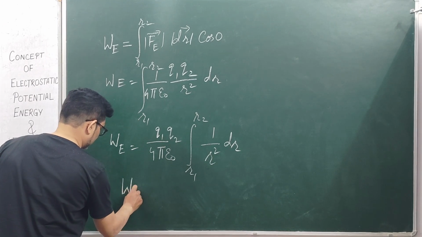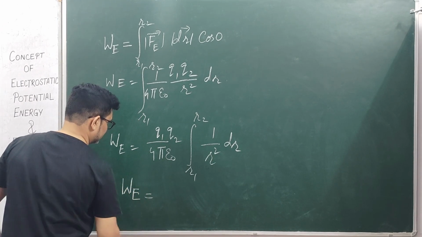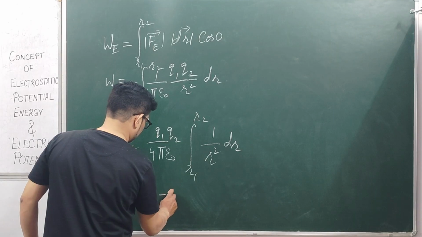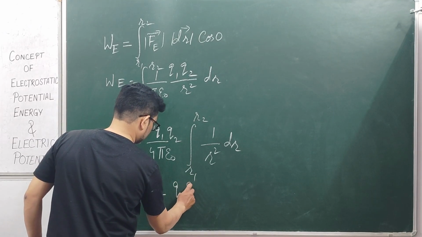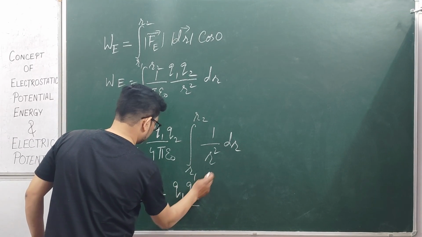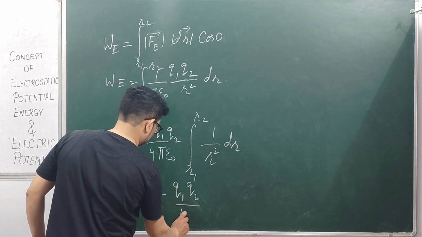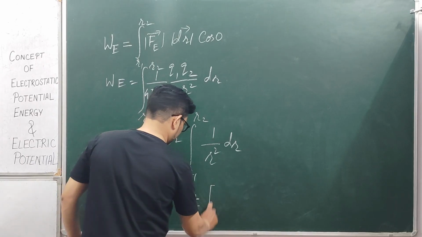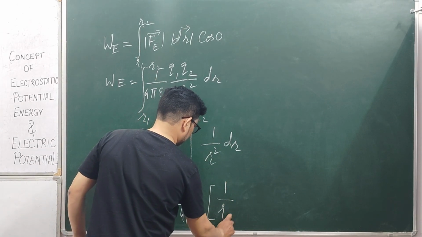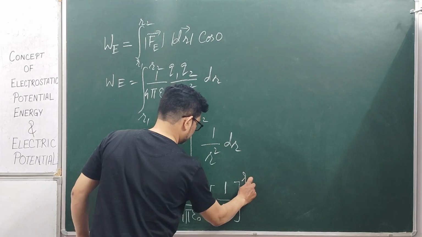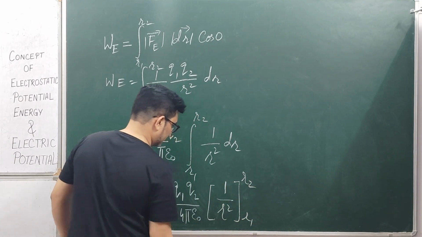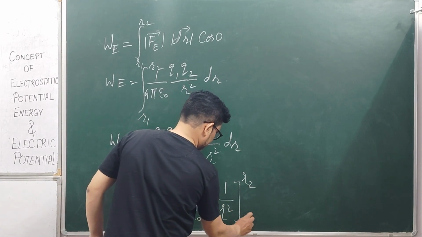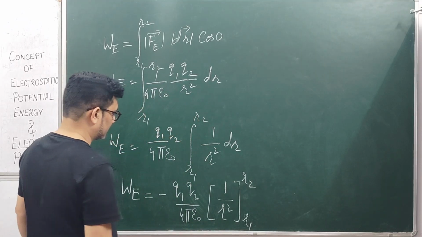So we get work done by the electric field is equal to minus, and it comes out to be 4 pi epsilon naught in the denominator, and we have here 1 over r, and we'll put r1 and r2 as the limits, lower limit and upper limit.